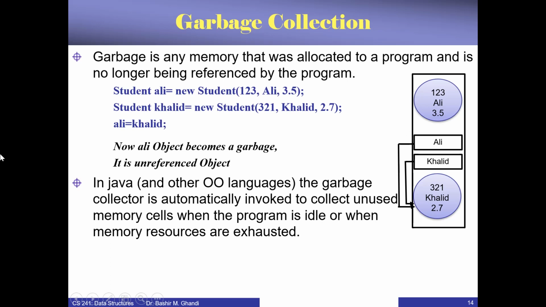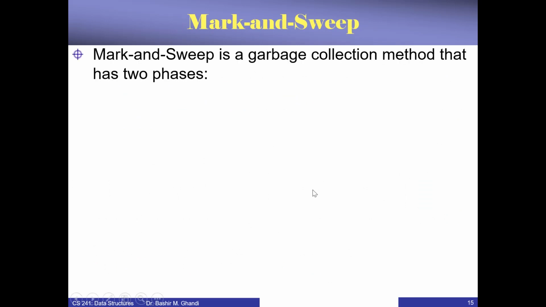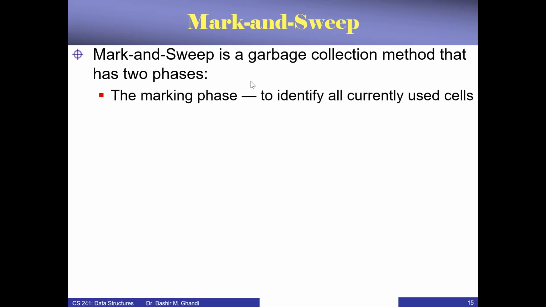Now there are many ways of garbage collection, and we're going to look at two of them. Two popular garbage collection methods are mark and sweep and stop and copy. Let's look at mark and sweep. Mark and sweep is a garbage collection method that has two phases: the marking phase and the sweeping phase.